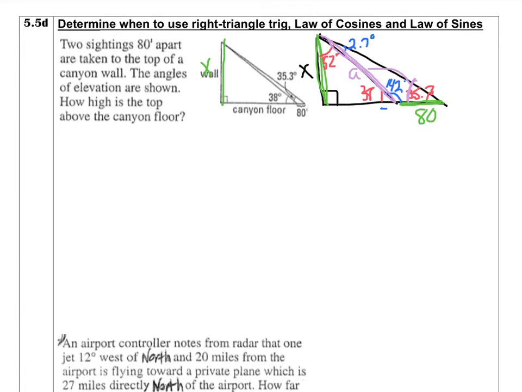So those two match up. But we already have another pair that matches. This 2.7 degrees matches up with the 80. So we can write our formula like this. I don't know side length A, but I know it goes with the angle of the 35.3, which is right here. So the sine of 35.3, and then that's going to be equal to the side length of 80 divided by the sine of 2.7 degrees.